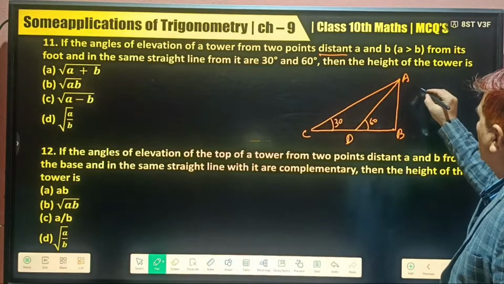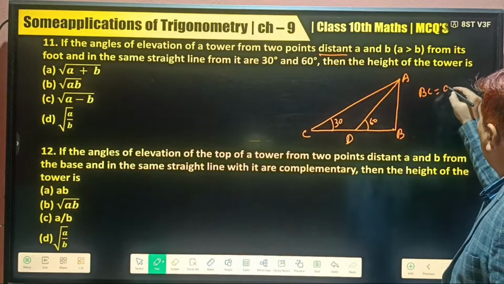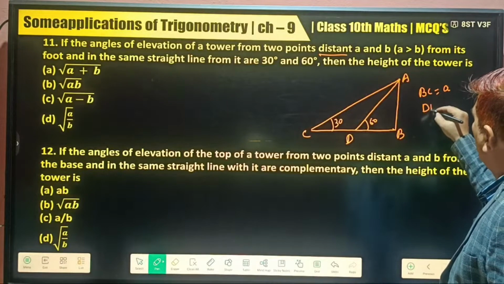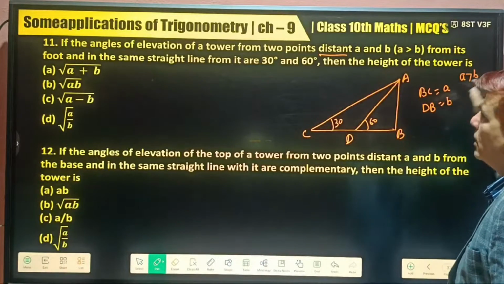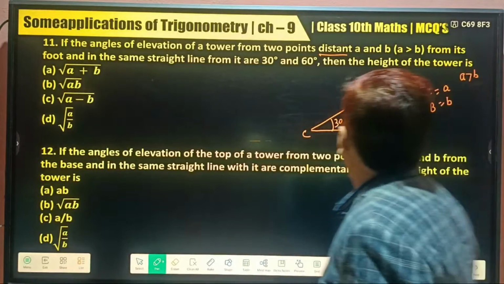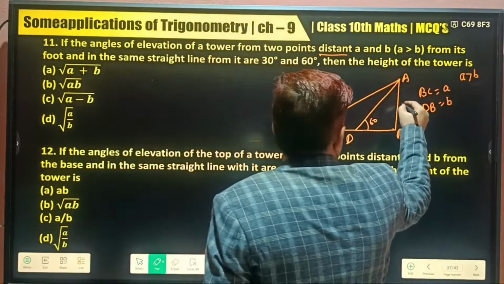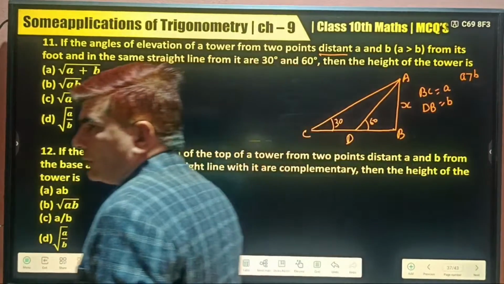Here BC equals A and DB equals B, and what's given? A is greater than B. Then the height of the tower, so let x be the height of the tower.